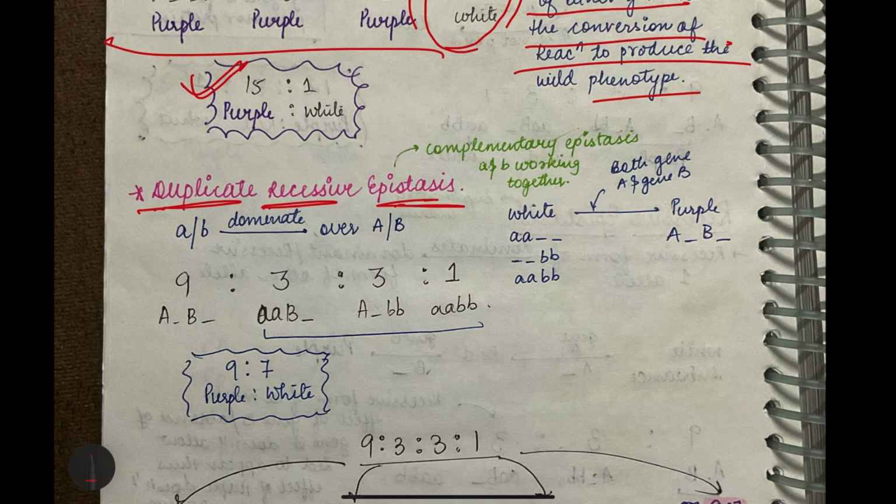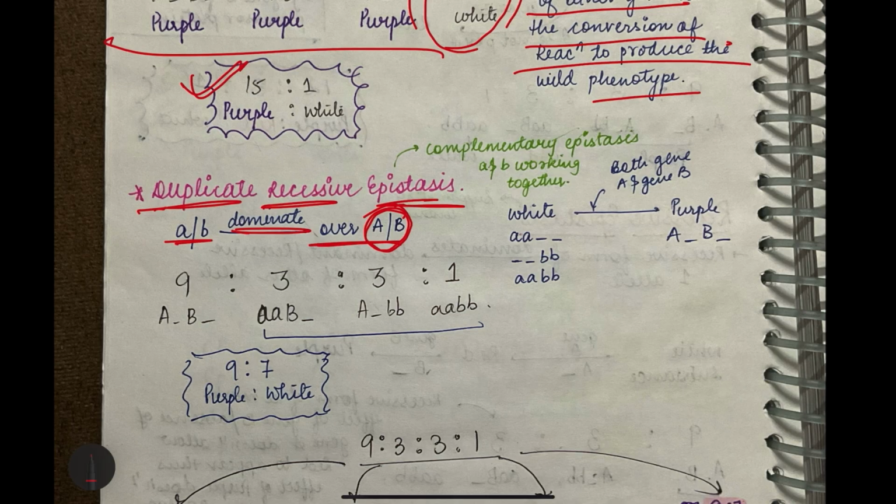Again, duplicate recessive, which shows that small b dominates over capital A, capital B. That is, both of them, when expressed, can mask the expression of capital A and capital B. In recessive epistasis, we considered only one gene's recessive form masking the expression of the other.